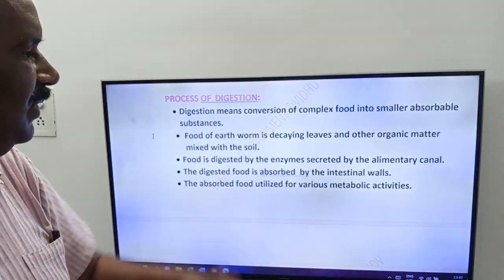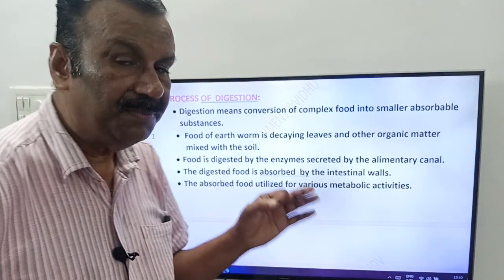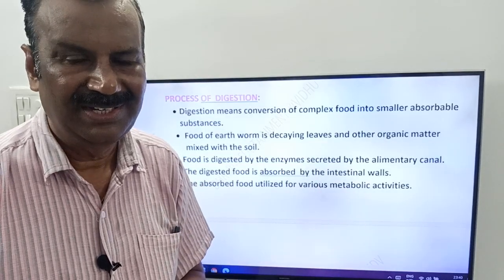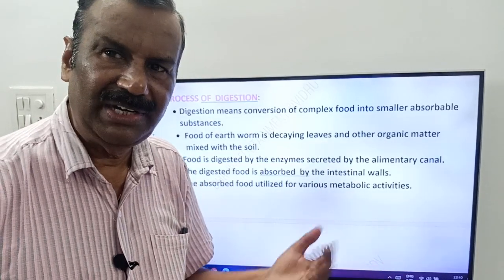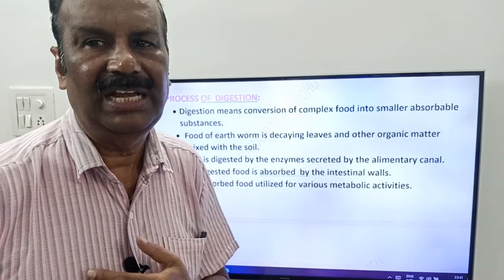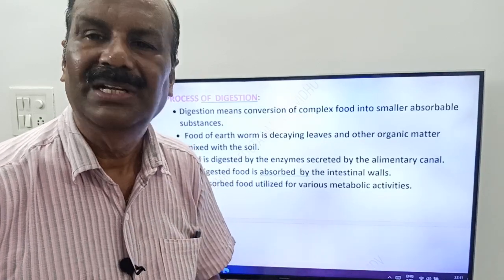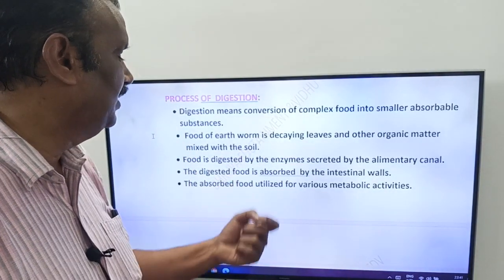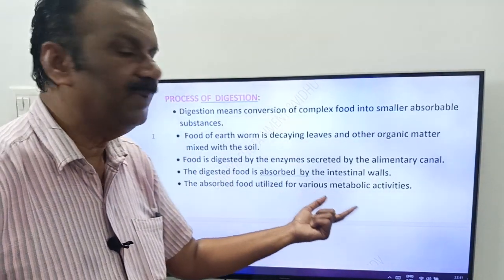The digested food is absorbed by the intestinal walls. For example, the typhlosole helps in absorption. In addition to that, other parts of the alimentary canal, particularly the small intestine, also help in absorption. Next, the absorbed food is utilized for various metabolic activities.